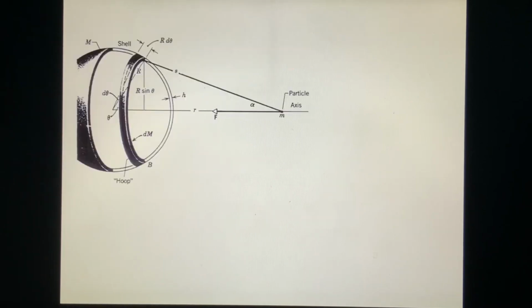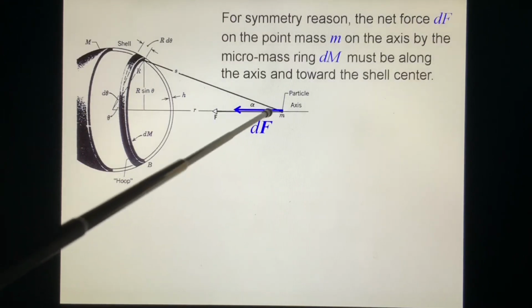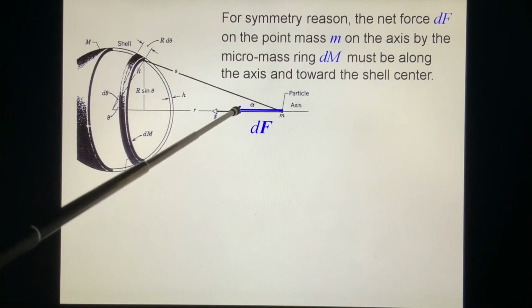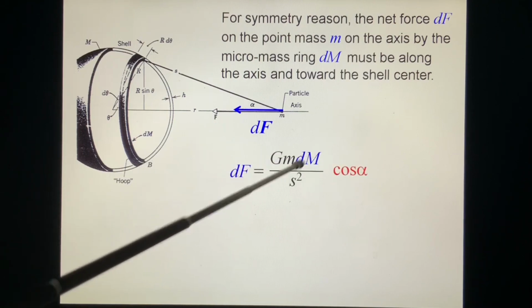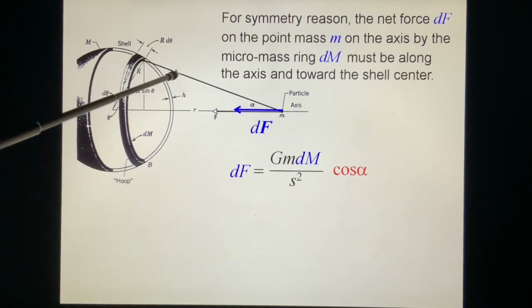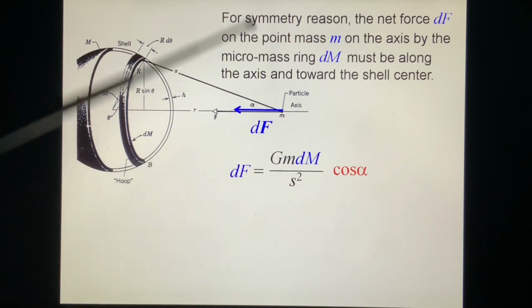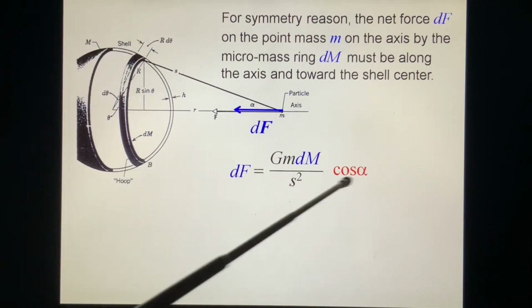Now we see this ring. We know dm. The force, by symmetry, dF equals G m dm over s squared, where s is equivalent to r squared in the previous case, times cosine alpha.